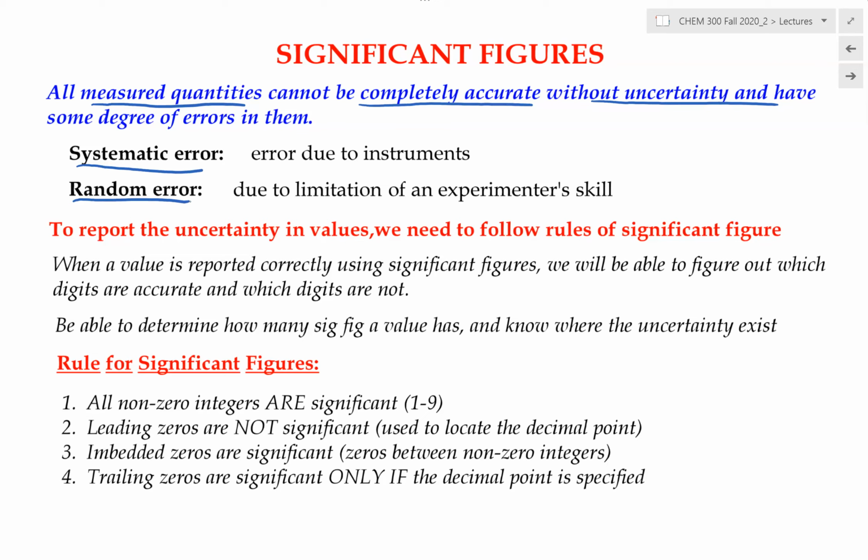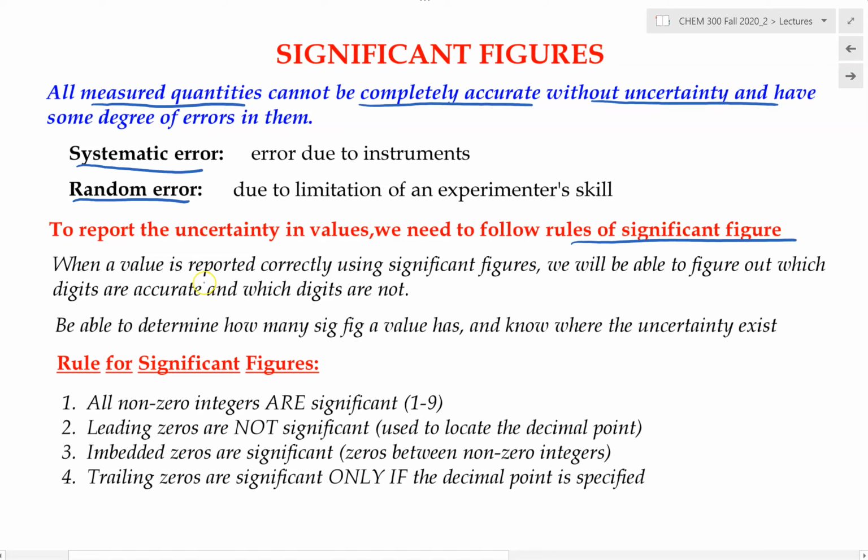That way, when people look at our value, they know exactly how much to trust it. To report the uncertainty in our value, we need to follow the guidelines of significant figures, which I will discuss in a little bit.